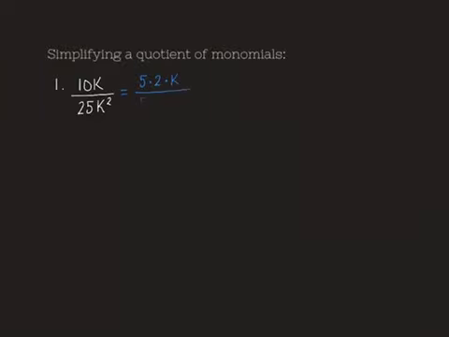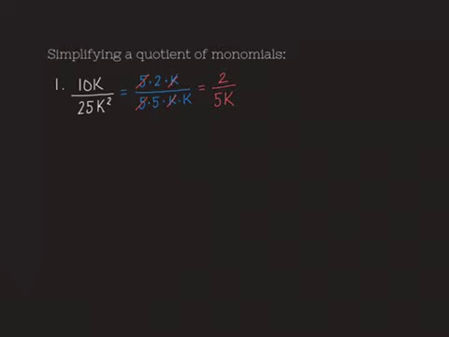And then 25 we can think about as 5 times 5, and then k squared is k times k. So I can cancel out one 5, top and bottom. I can cancel out one k, top and bottom. So what I'm left with is 2 over 5k.